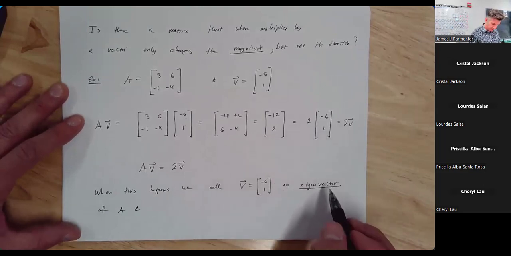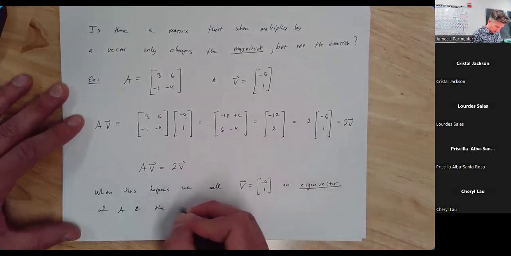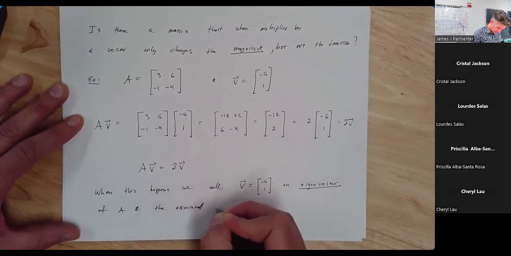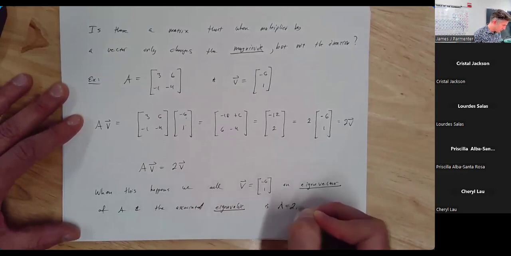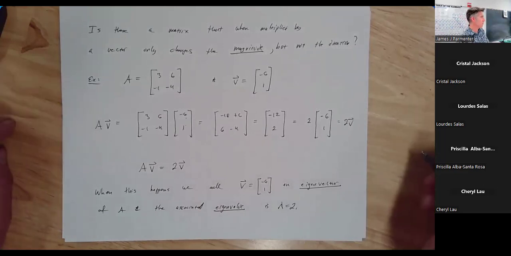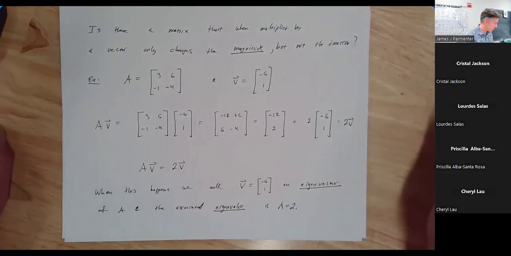So V is the eigenvector of A, and the associated eigenvalue is lambda equal to 2. And yes, we do use the Greek letter lambda to represent eigenvalues.